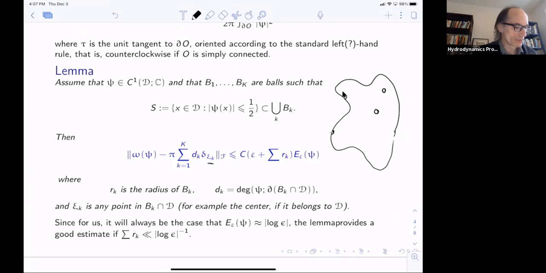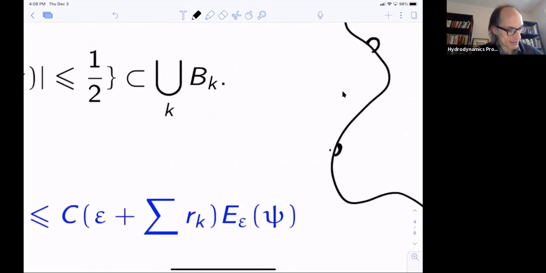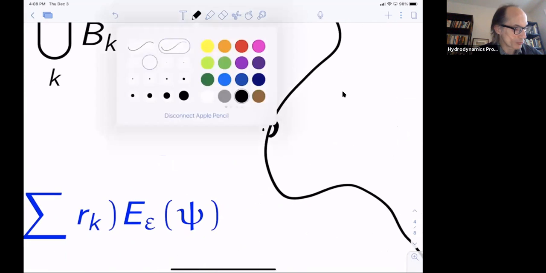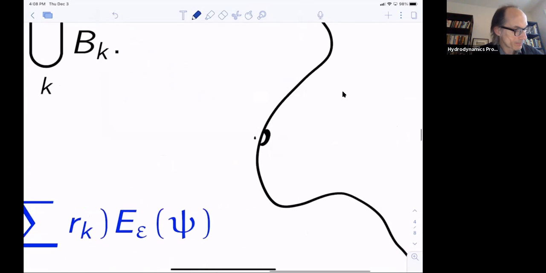Okay, so the remark I would like to make is that if any of the balls happen to touch the boundary, well, what can I do? In general, we can take c sub k to be any point in the ball and in the domain. So for example, in this case, I could take c sub k to be here, a point where the ball intersects the boundary.